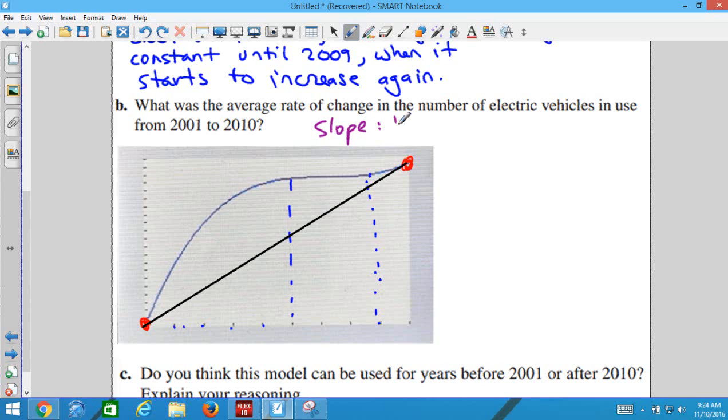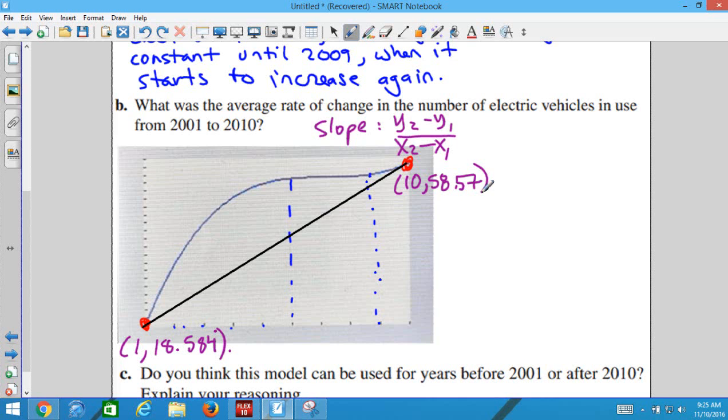So remember the slope formula is y2 minus y1 over x2 minus x1. And our first point is 1 comma 18.584, and then our last point is 10 comma 58.57.